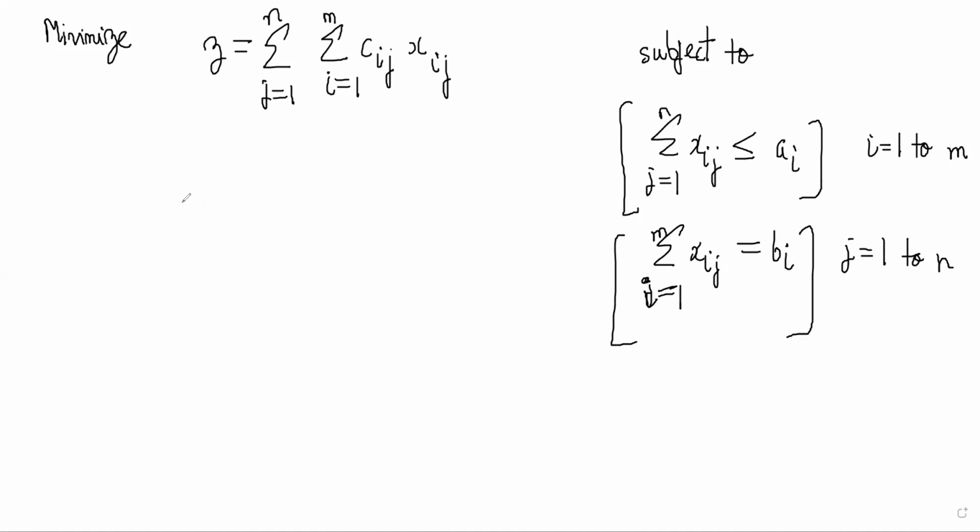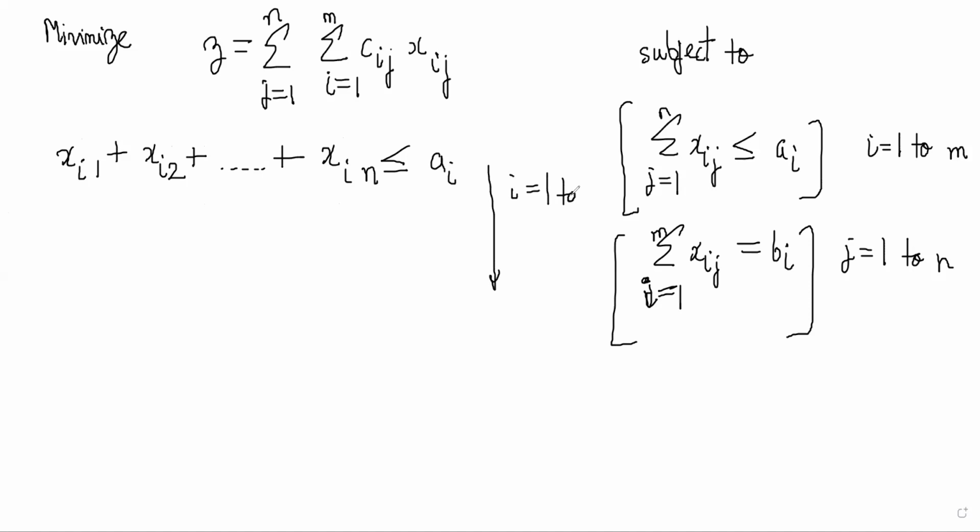So if we think about this equation, it looks like xi1 plus xi2 plus so on till xin is less than or equal to ai, and then i goes from 1 to m, right?